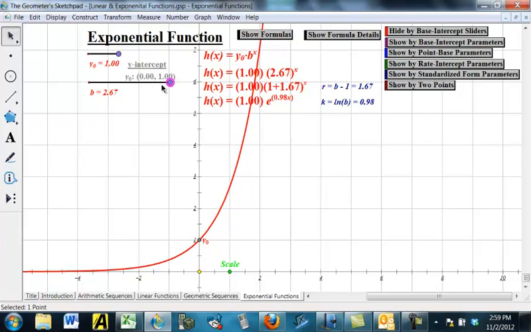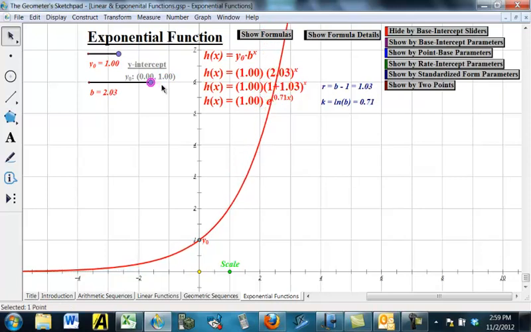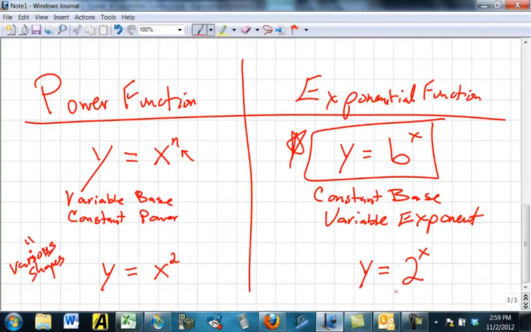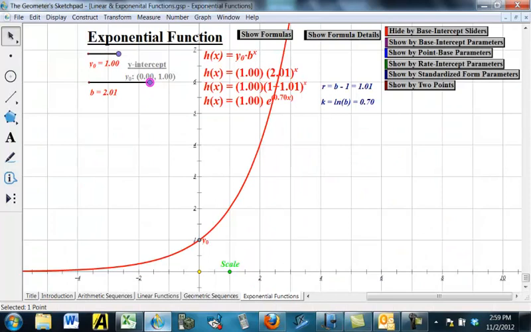So here, let me see if I can put it on 2, for example. That would be the example that we were looking at. I can get 1.99 or 2.01. Let's pretend that's 2. And that's this function that we were looking at here, y equals 2 to the x power. And so notice, what do you see?